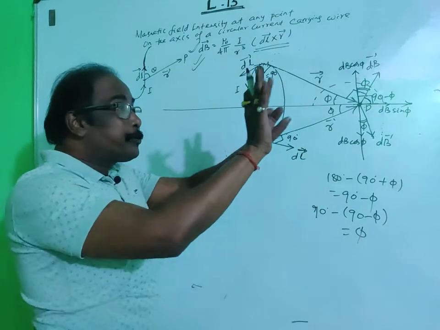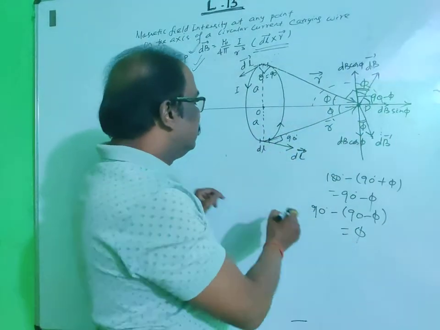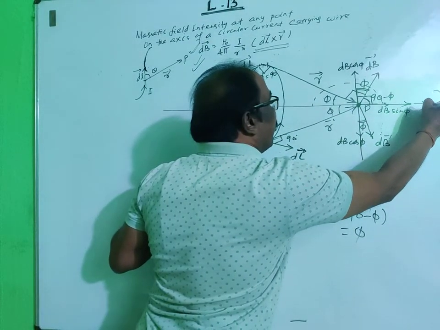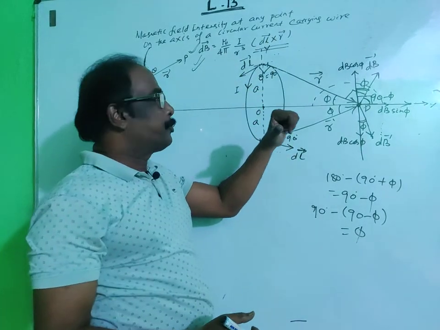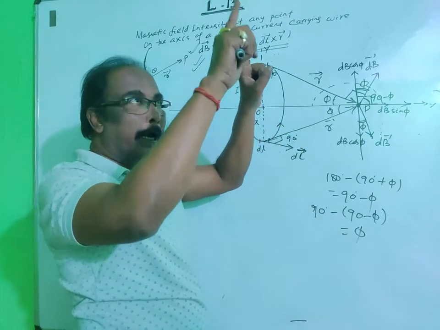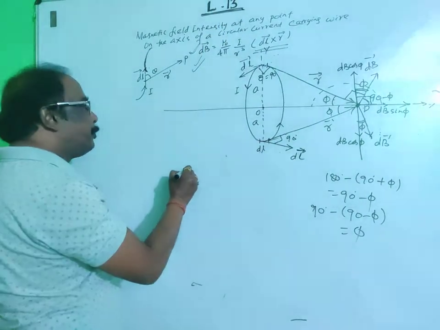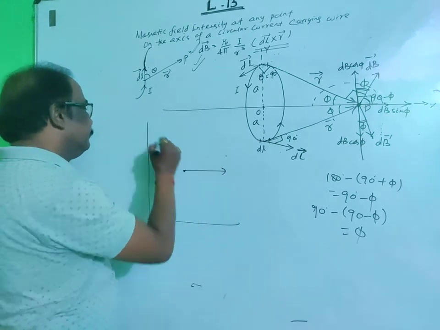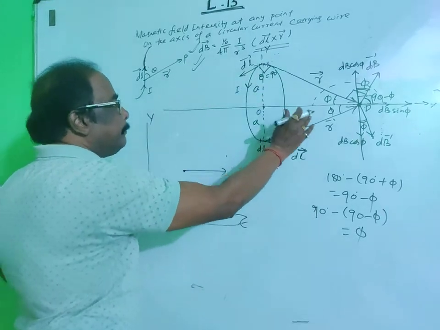See, in space here, imagine the YZ plane. This is the x-axis, this is the y-axis, and this is the z-axis. Imagine the YZ plane. On the YZ plane, how is dB cos phi distributed?